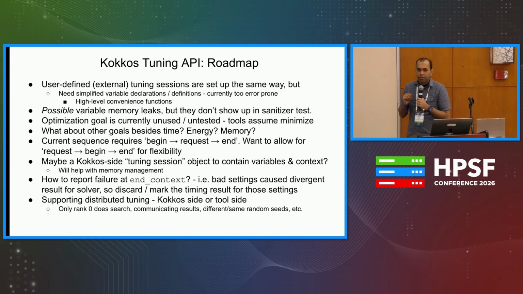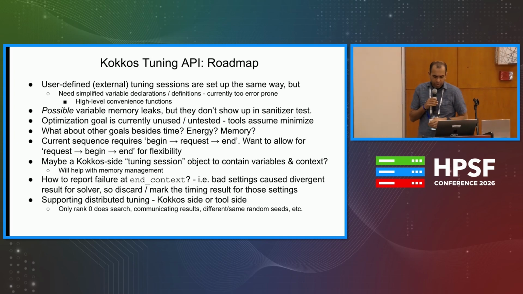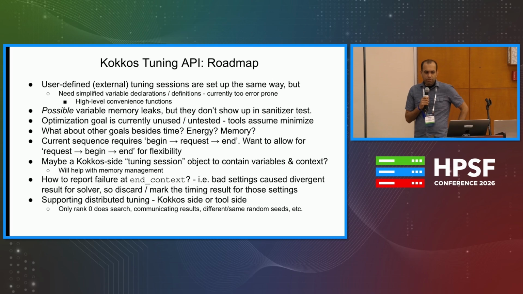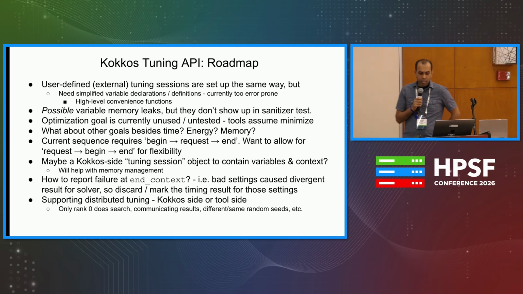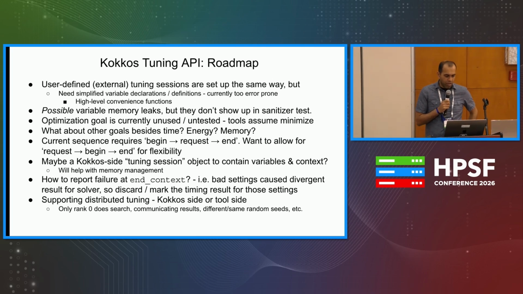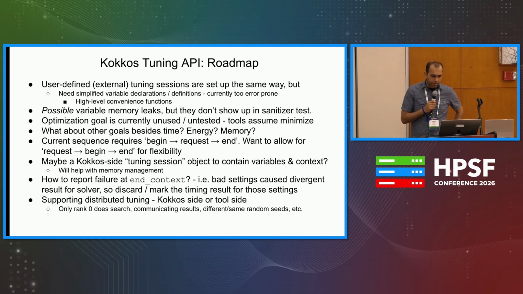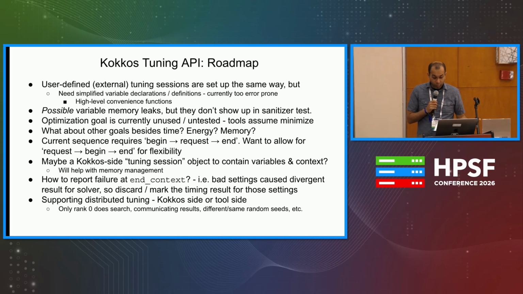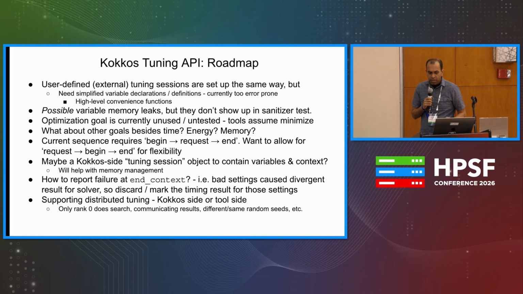The last important point, and then I'm going to wrap up. Right now the Kokkos Tools Tuning API needs some work to handle more goals. What about energy? What about memory utilization?